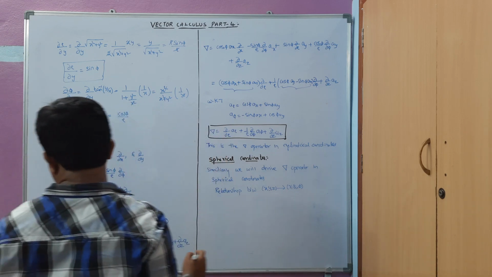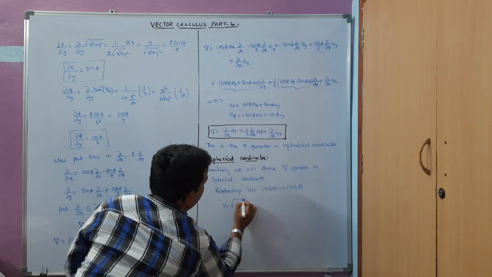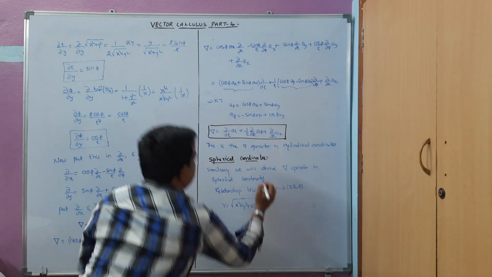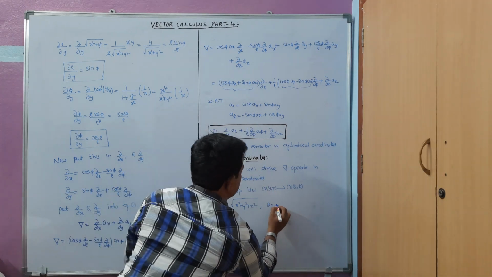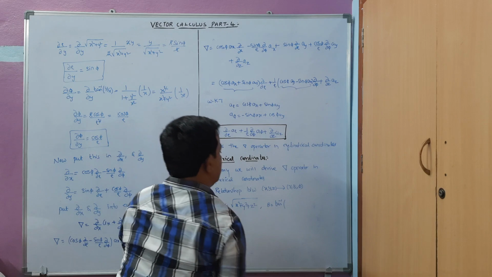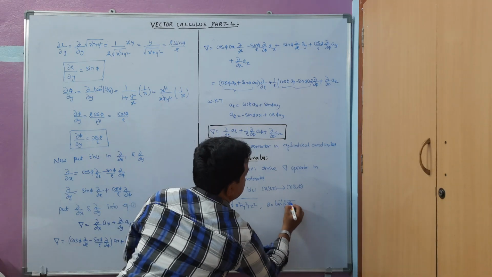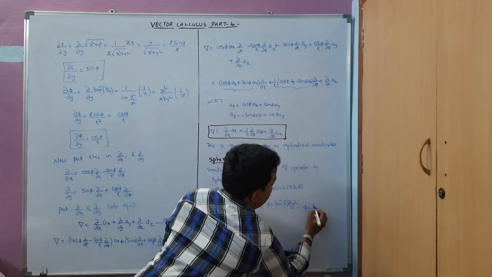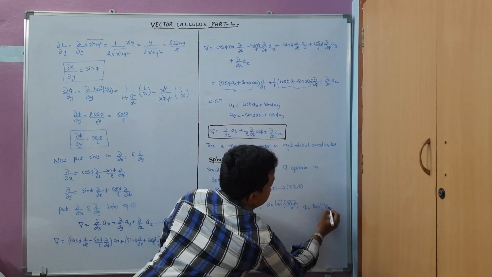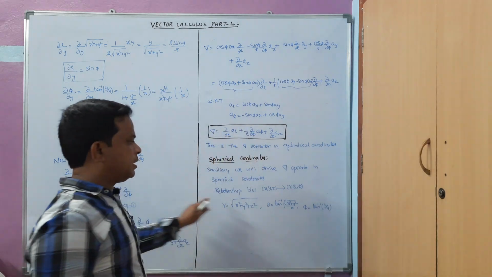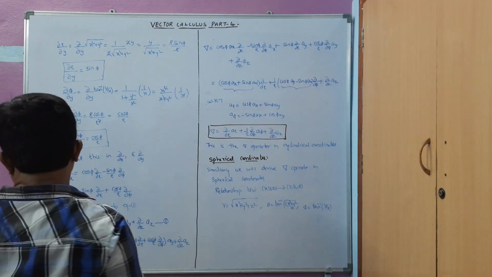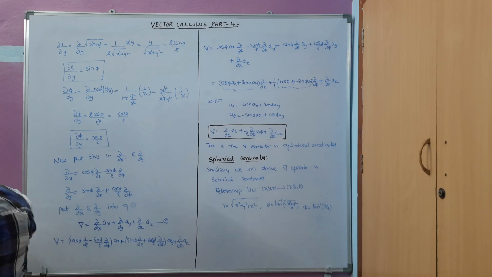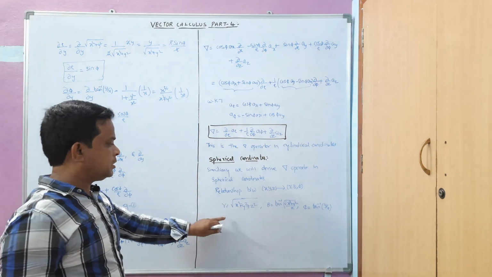We know that r is equal to the square root of x squared plus y squared plus z squared, θ is equal to tan inverse of the square root of x squared plus y squared by z, and φ is tan inverse of y by x. So we have all the variables here: r, θ, φ. Now we have to use the basic relationship again, that is the functions as we defined in the earlier part of this lecture.